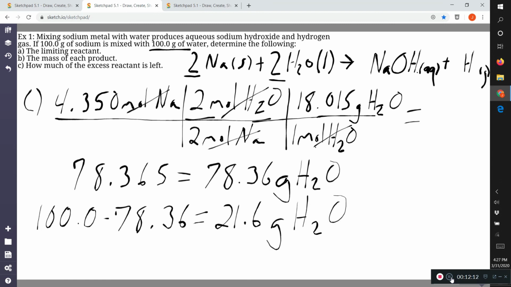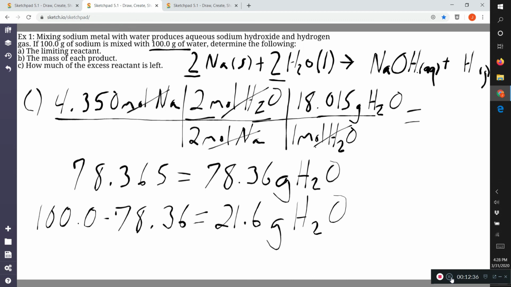Now, how we can make sure this all comes together and makes sense is that what we start with has to be what we end with. The law of conservation of mass says that all the matter we start with has to equal all the matter we end with. So if we look, we started with 100 grams of sodium and 100 grams of water, so we should have 200 grams of material at the end.